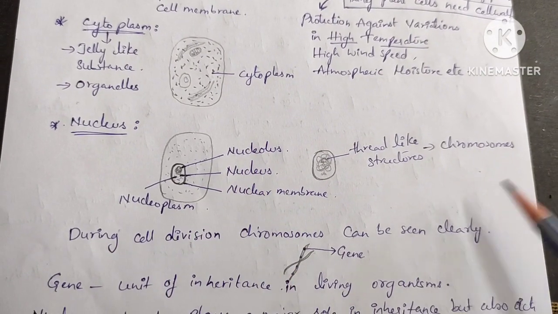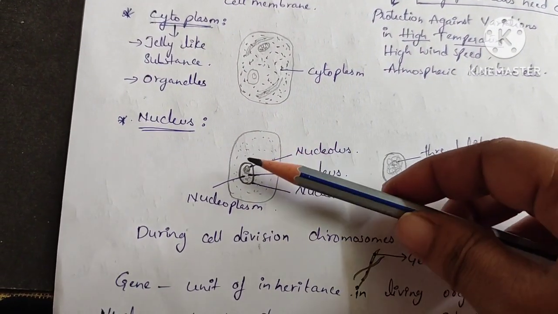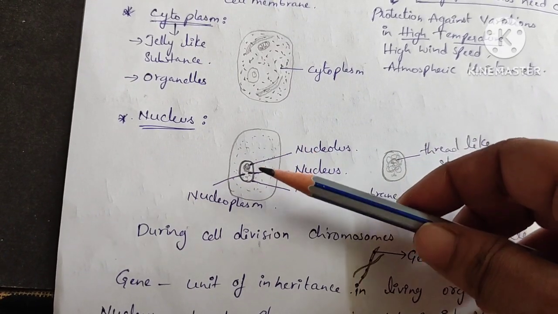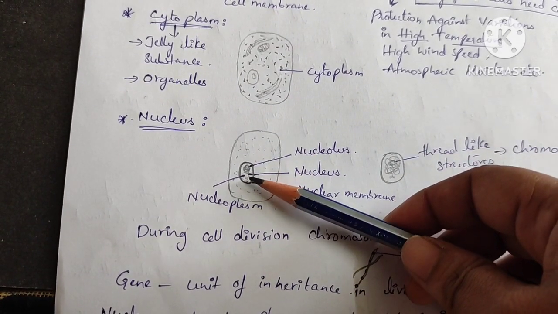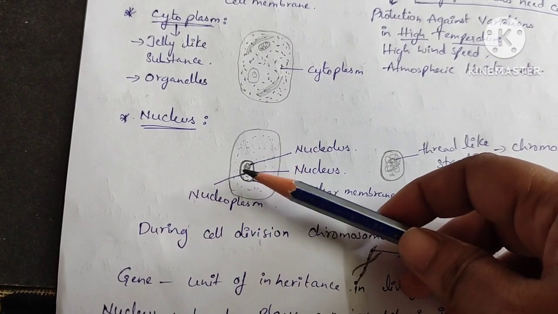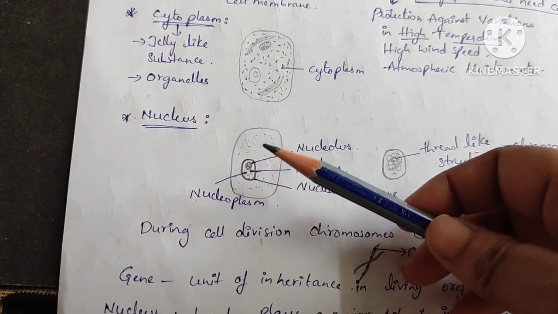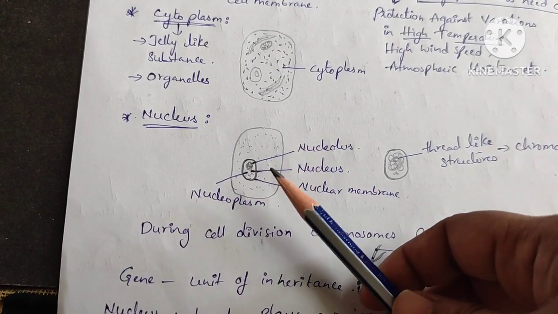Next, nucleus. This is the important part of a cell. This nucleus is a round, dense, compact structure which is present both in plant cells and animal cells.